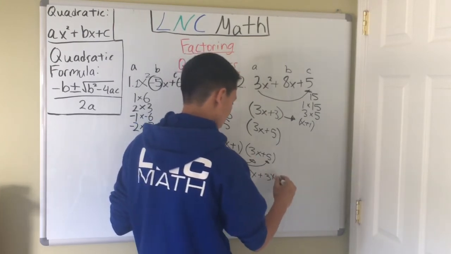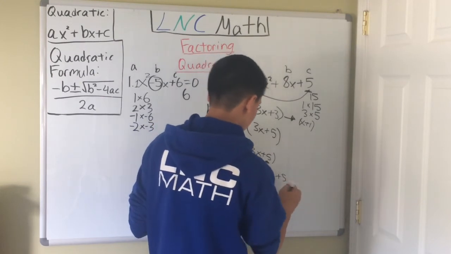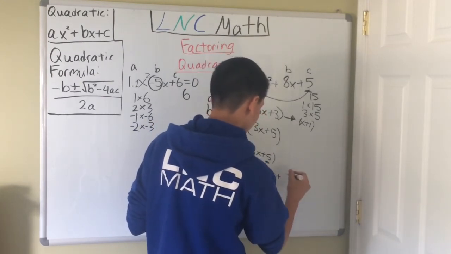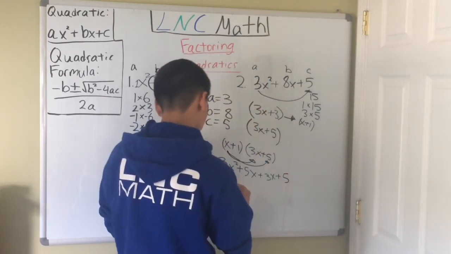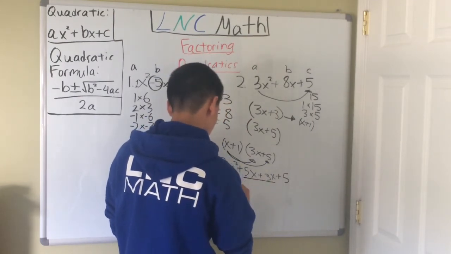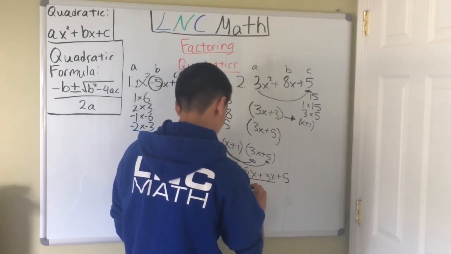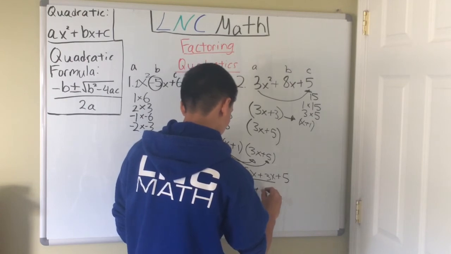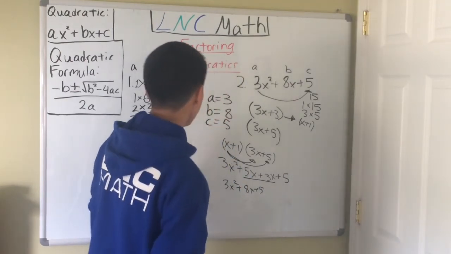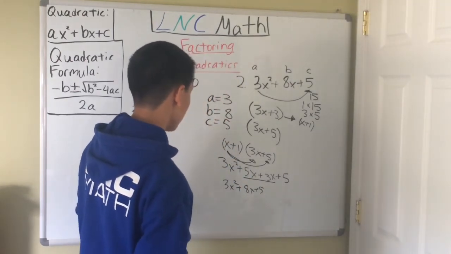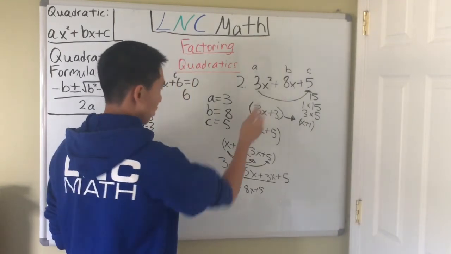And 1 times 5 is plus 5. So combining our like terms, we get 3x squared plus 8x plus 5. And that's right. That's what we had originally.